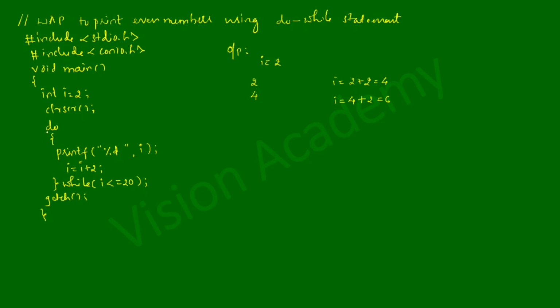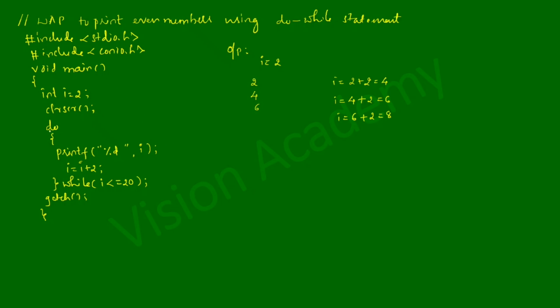So control transfers to do, and it is going to printf the value of i. The i value is 6. Now we are going to increment the value of i by 2 once again. So i = 6 + 2 = 8. Now we are going to check 8 is less than or equal to 20. Yes, it is true.